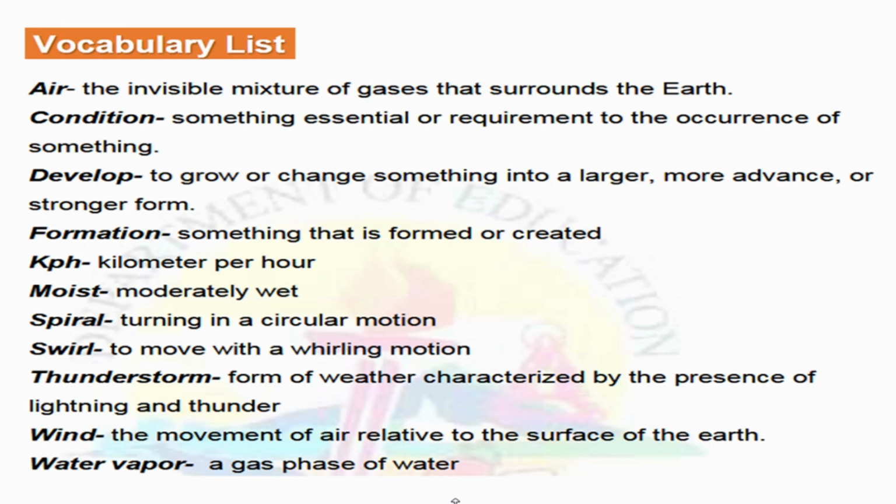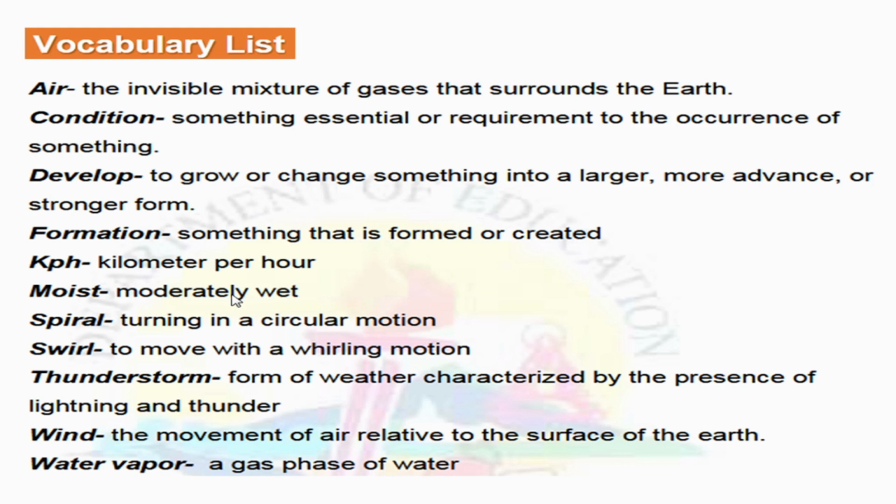So we have the vocabulary list. The first one is air. Air is the invisible mixture of gases that surrounds the earth. Condition, sometimes essential or requirements to the occurrence of something. Develop, to grow or change something into a larger, more advanced or stronger form. Formation, something that is formed or created. kph, kilometer per hour.